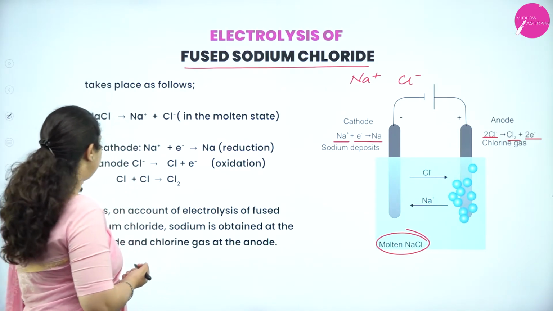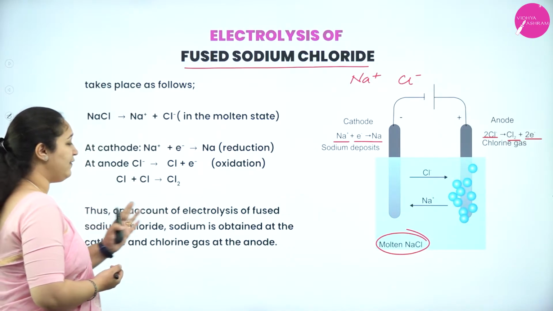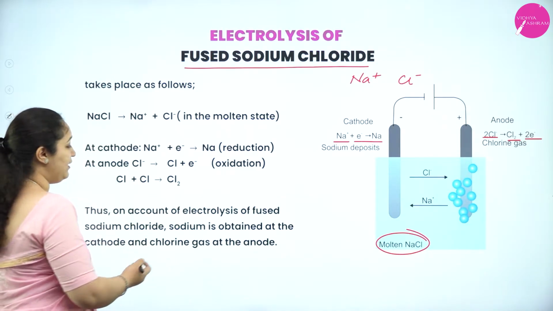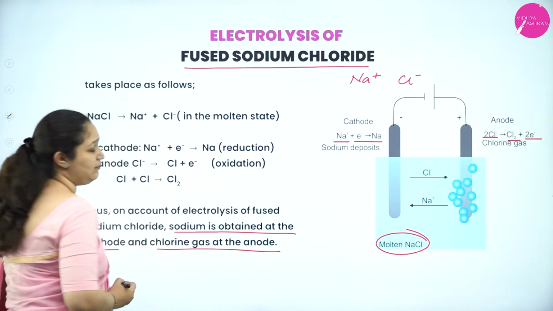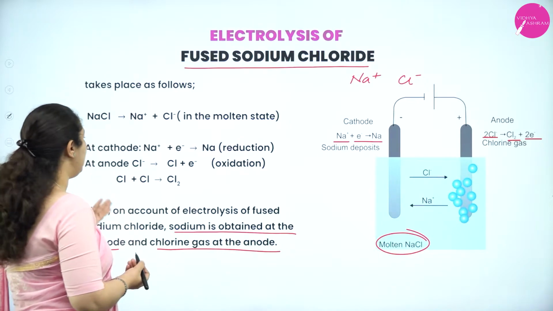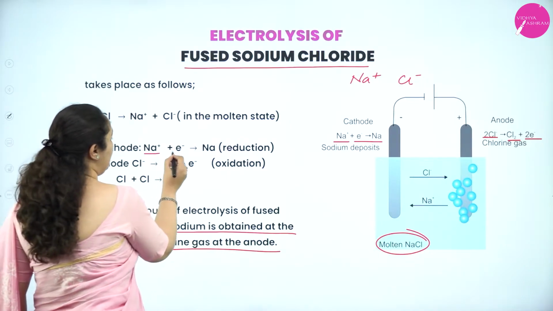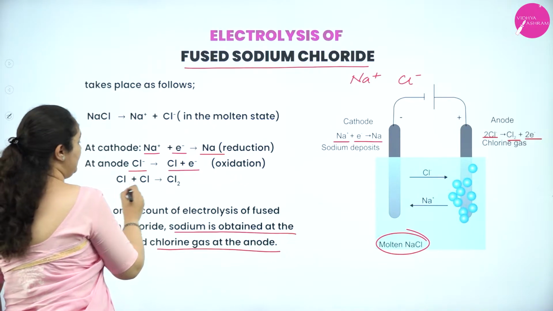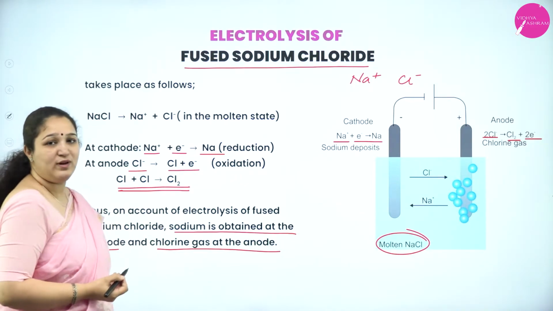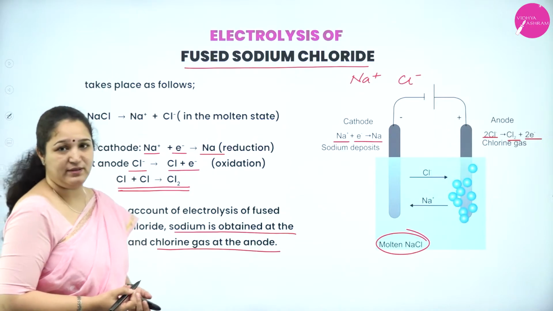Okay. So thus, on the account of electrolysis of fused sodium chloride, sodium is obtained at cathode and chlorine gas is liberated at anode. So it's very simple. At cathode, what is happening? Na plus accepts electron to form sodium metal. Oxidation is taking place to form chlorine gas, which is getting liberated.